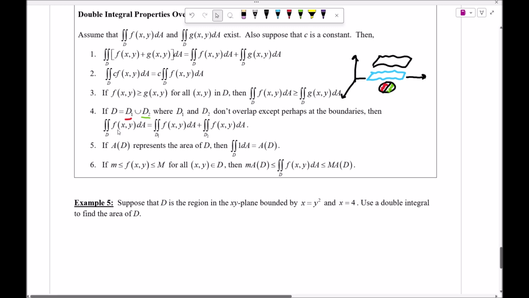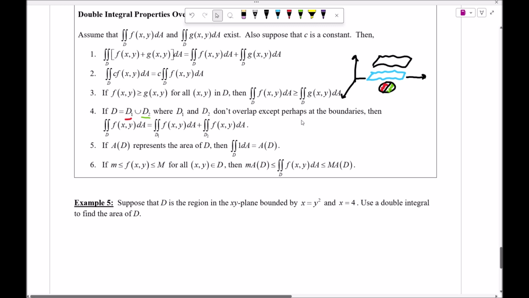Like if I wanted the volume underneath F, so this black landscape up here, over the entirety of D, that is the red and the green space combined, then of course it would make sense to find the volume over the red space and add up the volume that we would find over the green space, and then you would have found the volume over the entire circle.